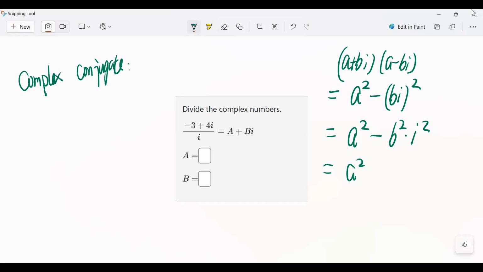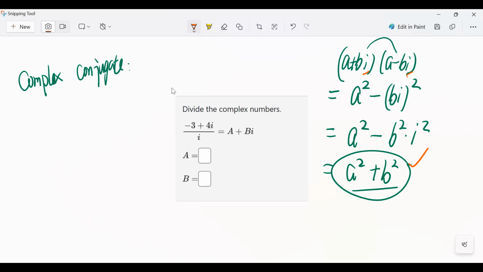So this is a squared minus b squared times -1, which becomes plus b squared. As you can see, once you form the difference of two squares using the complex numbers, we actually get rid of the i. The i is gone at the end.